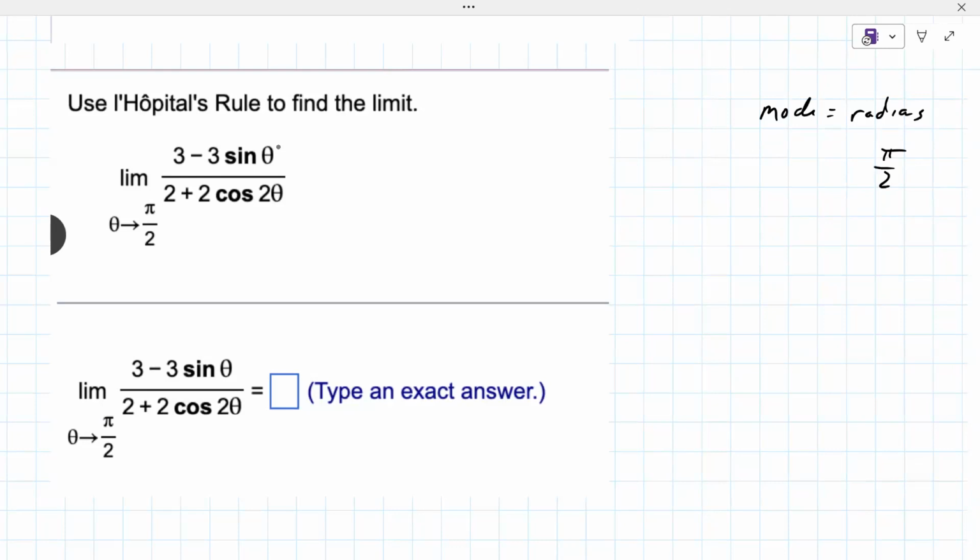Do you want to verify what the indeterminate form here is for me? It'd be good for you to try that in your calculator. Make sure it's in radians.